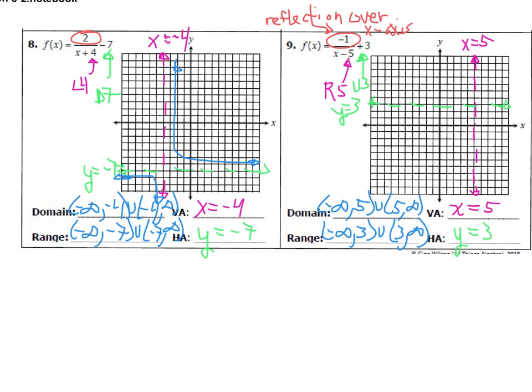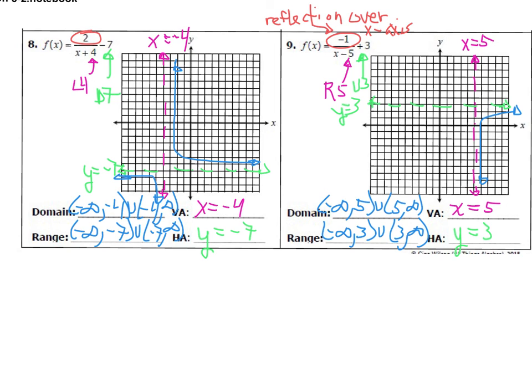So when I draw my branches, normally I would draw this branch here, but it's going to get reflected over this x-axis to here. So my first branch is going to actually end up going down here. If you don't believe me, substitute in 5 for x. No, not 5, because x can't be 5, 6. Substitute in 6 for x, and you'll see I'm right.